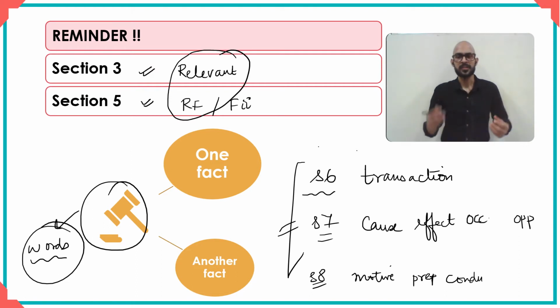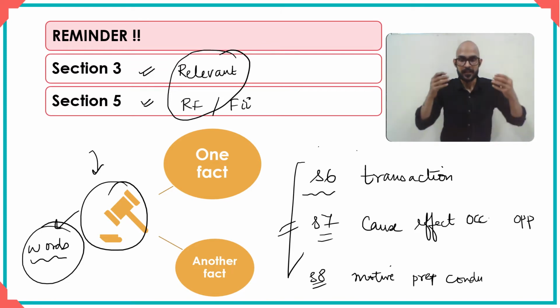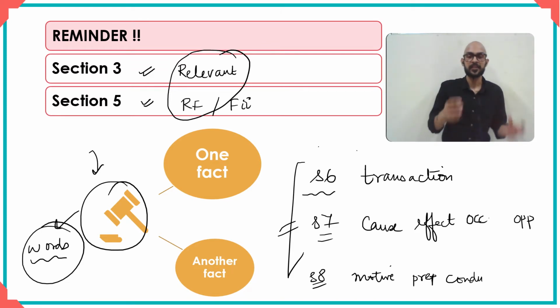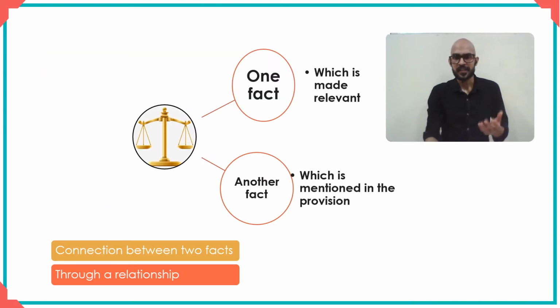So when we look at a new section like section 11, again, we are basically looking for the words that assist us in making a fact relevant under section 11. So that's exactly what section 11 does as well. Section 11 basically makes one fact relevant.